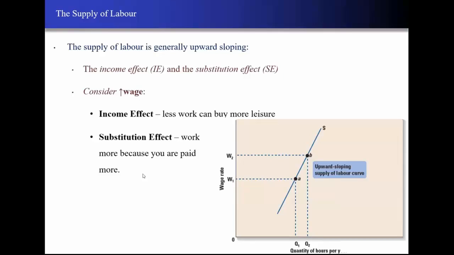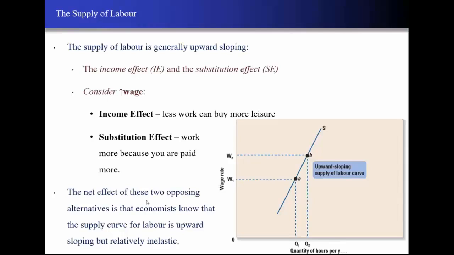Okay, so the textbook says that for what we're doing, we're just going to assume that it's upward sloping, and a lot of the empirical evidence says that it's relatively inelastic. People don't change the amount of hours worked that much in the face of a wage change.